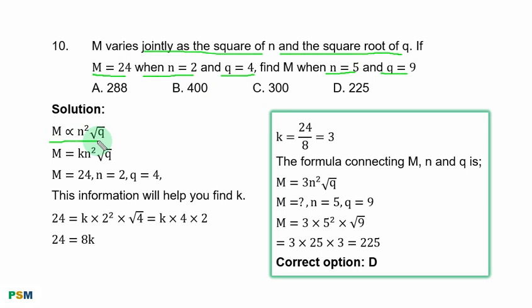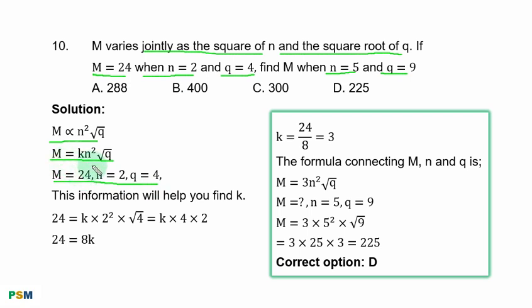To proceed, you replace the symbol of variation with equality sign and you introduce the constant k of variation. The reason why you have all the parameters at this point is to enable you find the value of k.